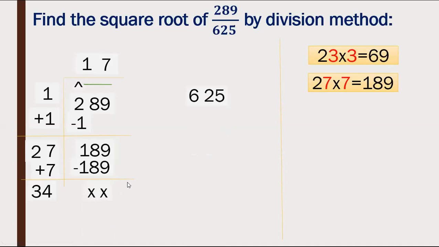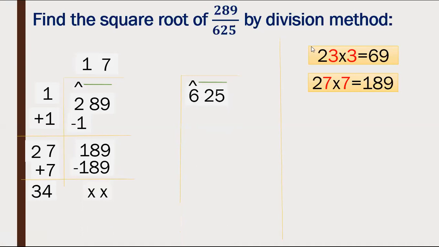Now, what about the right hand side? What about the denominator, my dear? Here 625 is there. So again, we have to make the pair. Step number 1 is pairing. Now 6 is there. After making the pair, what do we have to do?